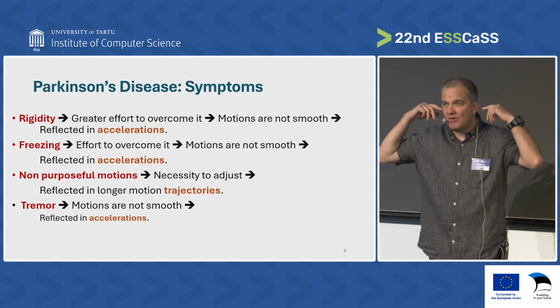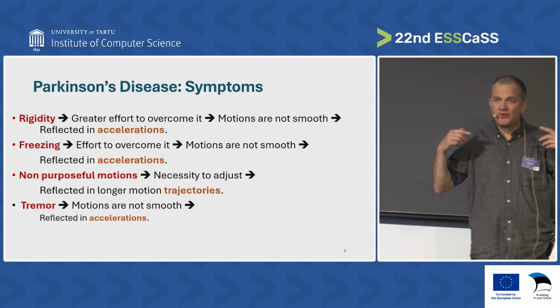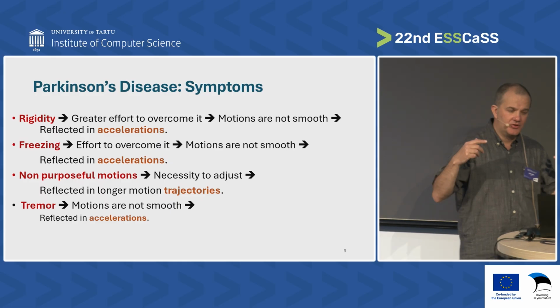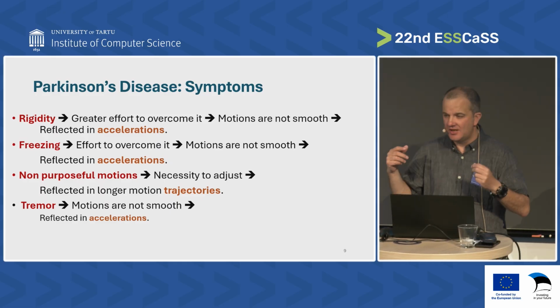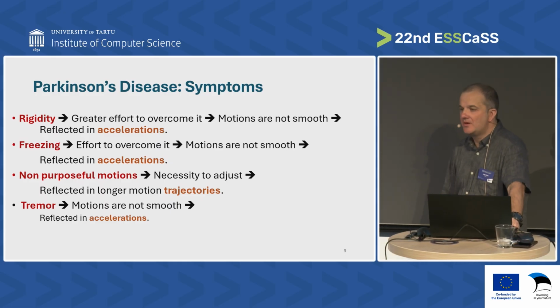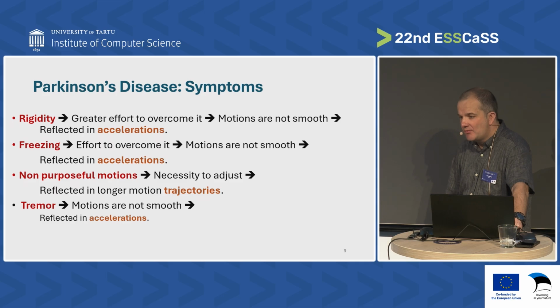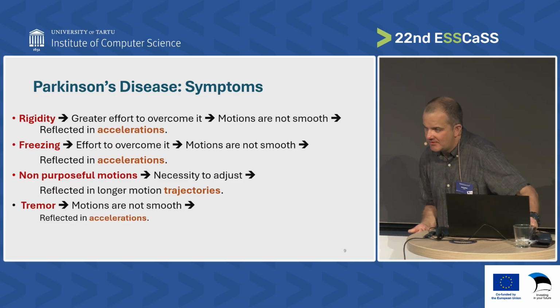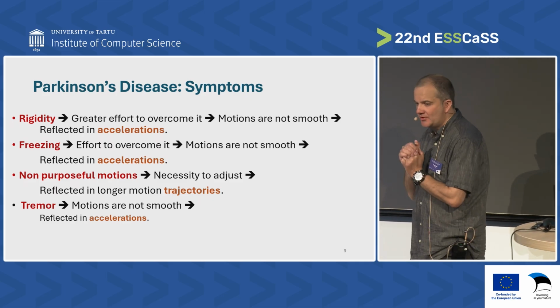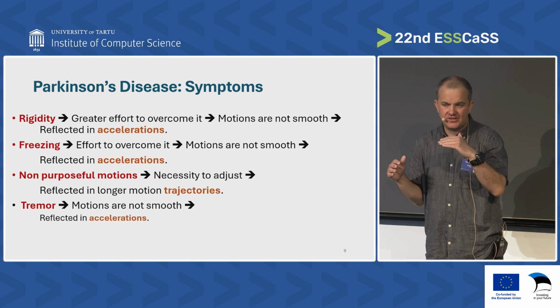It means that our motion melody, our program, should be adjusted, and again we will have longer trajectories. And when we talk about motions that are not smooth, again this is tremor. Tremor itself may also be detected with more formal tools, but again, it's accelerations.